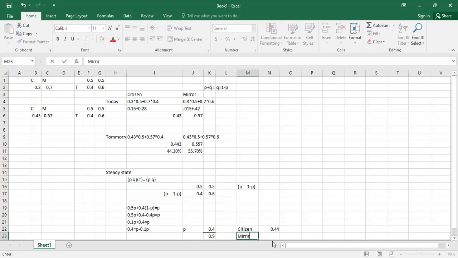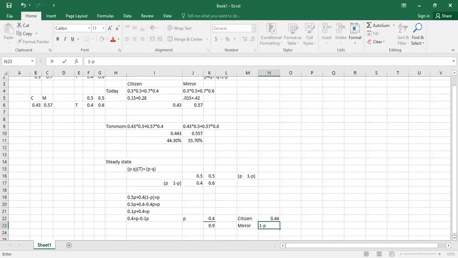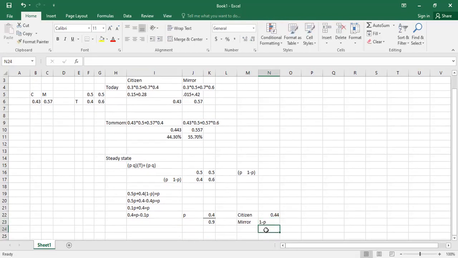Because mirror is equal to 1 minus P, and because you've gotten P as 0.44, what will be our mirror? It will be 0.56, isn't it? So this is the steady state, or the dynamic equilibrium, for the readership: 0.44, 0.56.